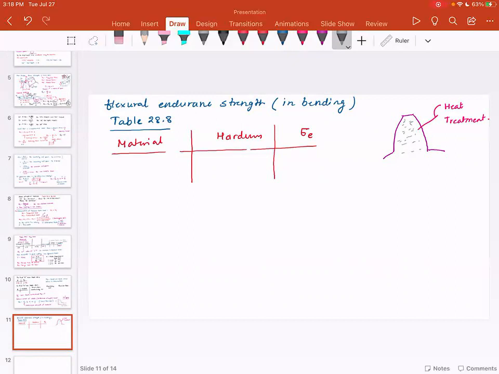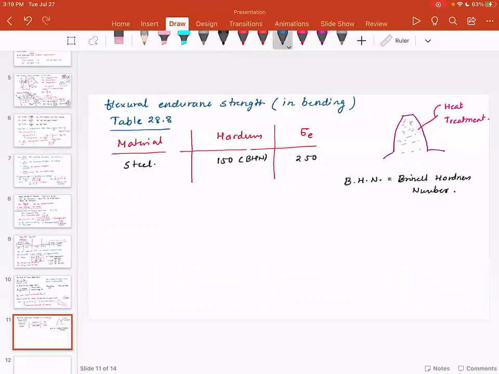For an example, look at Table 28.8. If steel has 150 BHN, where BHN stands for Brinell hardness number, the endurance strength is 250.